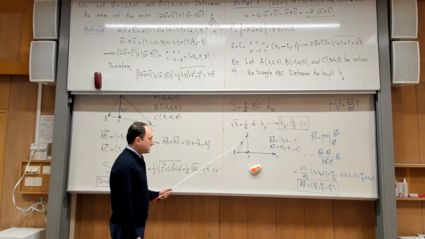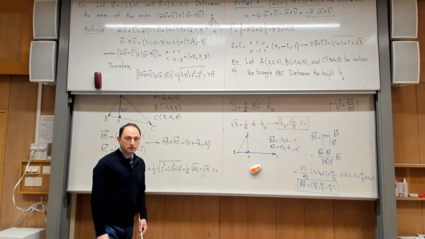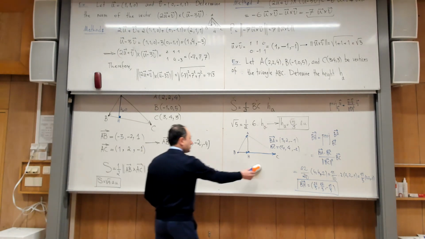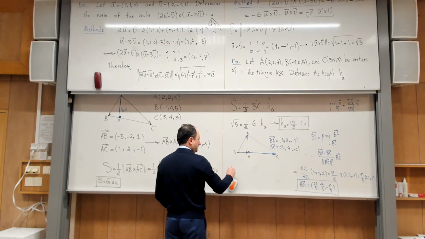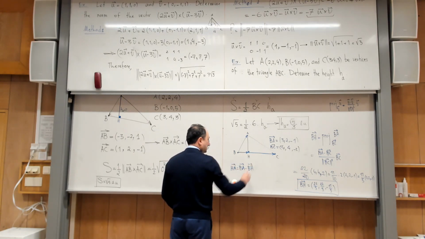How is AH related to these two vectors? BA minus BH. Exactly. So HA is BA minus BH. Yes?